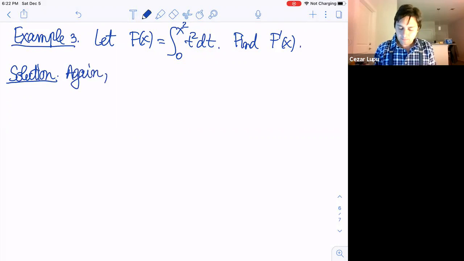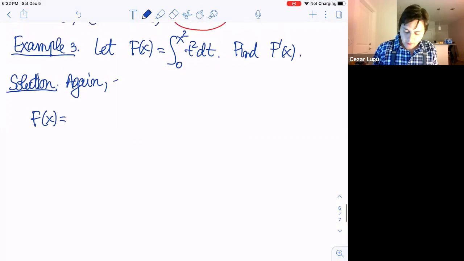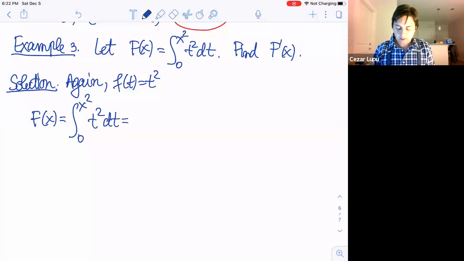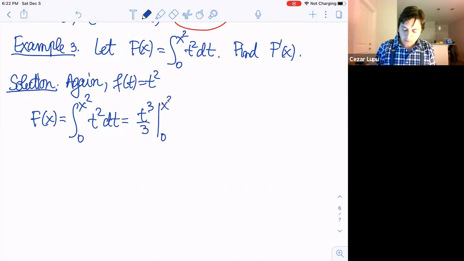we have that f of x will be nothing else than just, if we know the antiderivative of, again, let's say f of t is t squared here, the function inside. So f of x will be t cubed. All right, let me write it again. So f of x, which is the integral from 0 to x squared of t squared dt, will be nothing else than just t cubed over 3, which is the antiderivative of t squared from 0 to x squared.